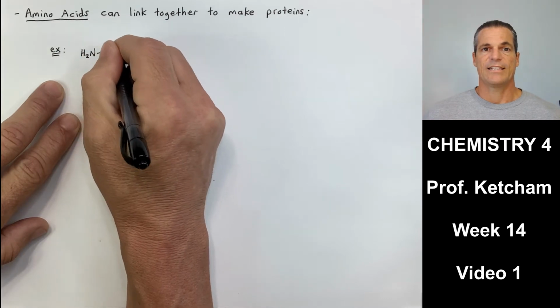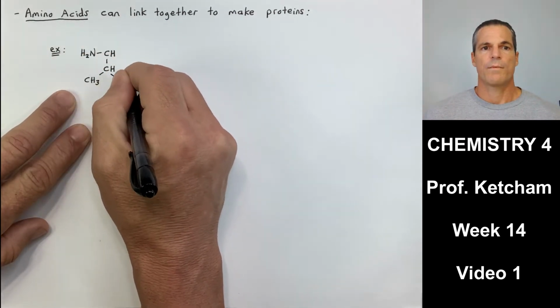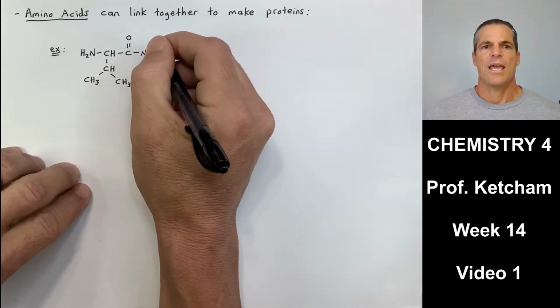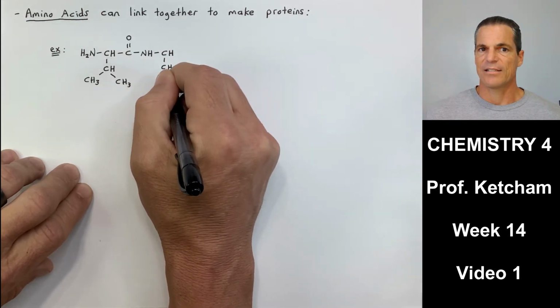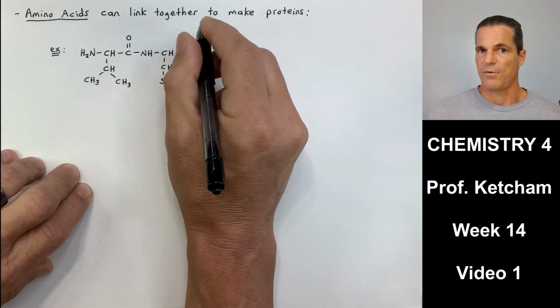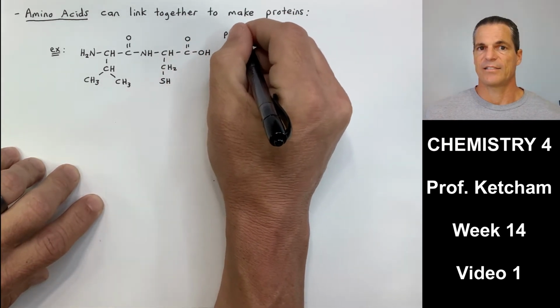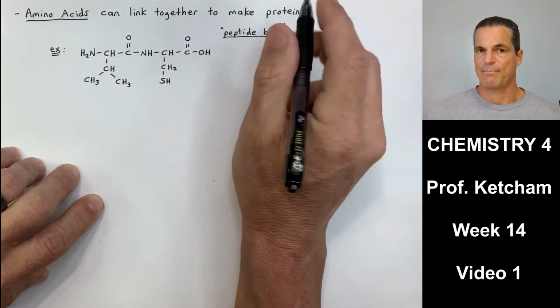Amino acids can link together to make proteins. Okay, so what I'm drawing right now is an amino acid that is linked to another amino acid. So this has two amino acids linked together, and they're linked together via a peptide bond.